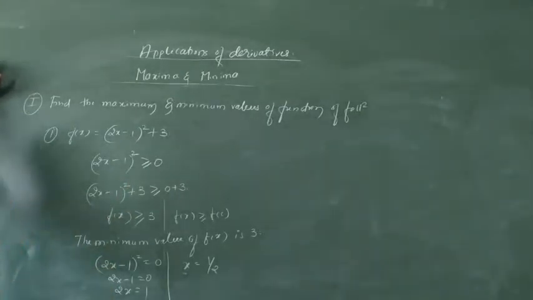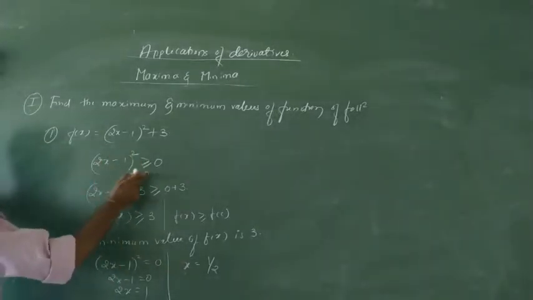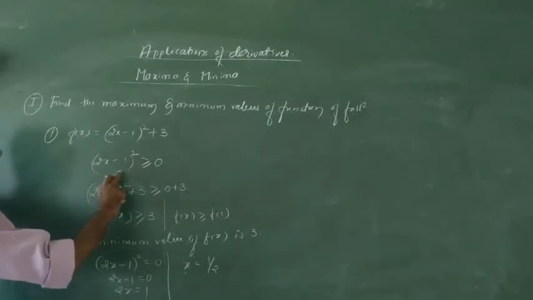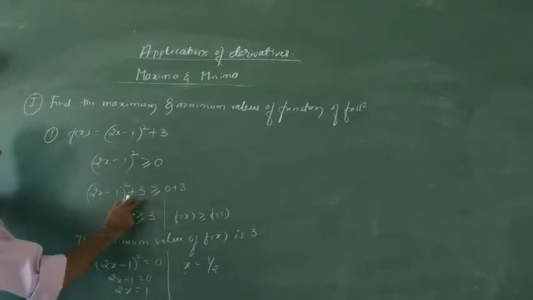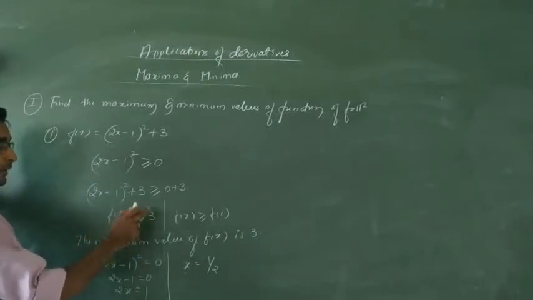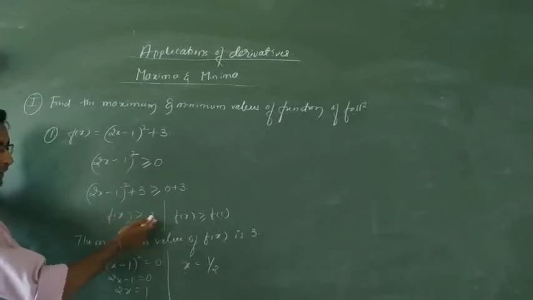Always a square number is greater than or equal to 0. Now I have to add plus 3 to both sides. Then the LHS is f of x, and f of x is greater than or equal to 3. But here f of c's value is lesser than f of x, so you can say that this is the minimum.